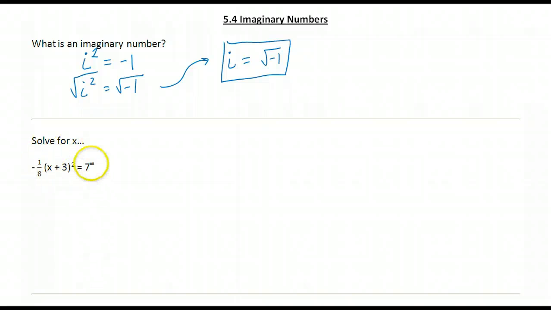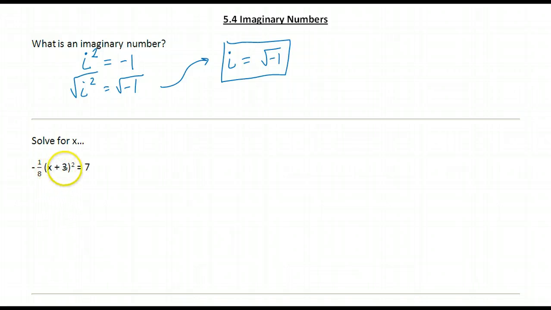Let's use i to solve for x. In this example, we have a quadratic equation because x is being squared, but we only see x written once in this problem. Since we only see x written once, we're going to solve for x directly. We're going to undo the order of operations.